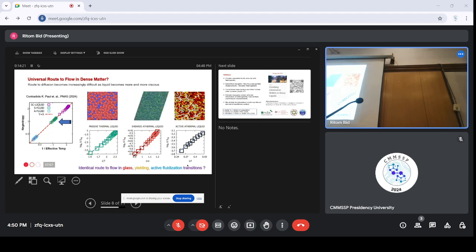Not only that, you asked whether it is possible to collapse and make a combined story. Indeed we can. The surprising thing is that the scaling is not only common to the supercooled liquid. If we are smart enough to rescale things properly, this line gives a common understanding of passive liquids, and also active and sheared systems.